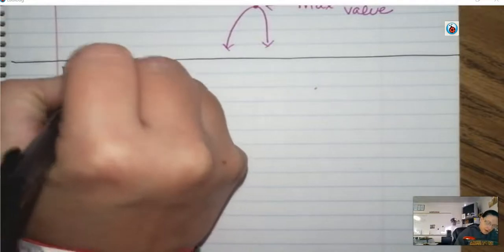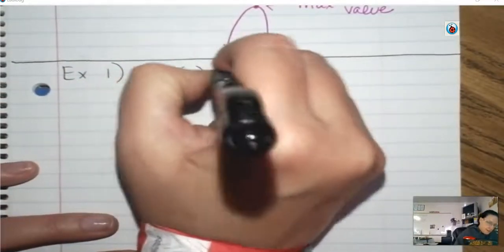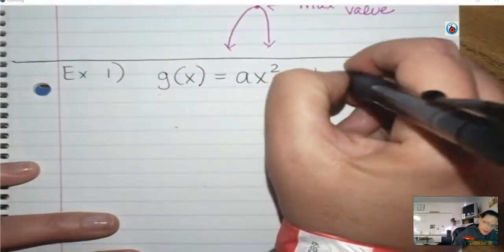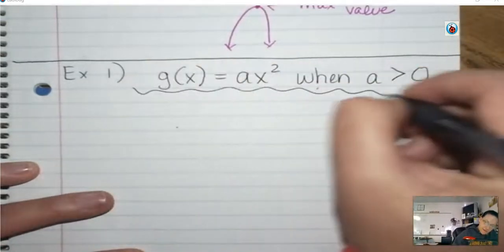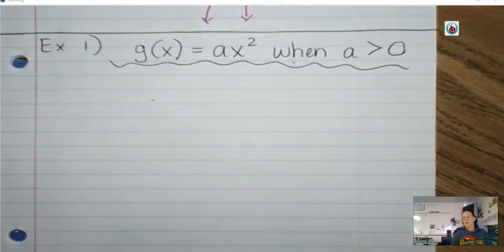For example 1, all of these graphs are going to look like g of x equals ax squared when a is greater than 0. Okay, so all of the graphs we're about to do are going to be when the a value is bigger than 0.